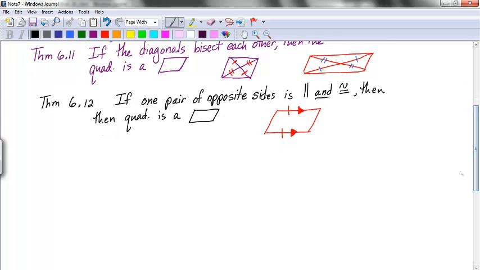Okay. How they're going to use those. Say they ask you to find x and y so that each quadrilateral is a parallelogram.